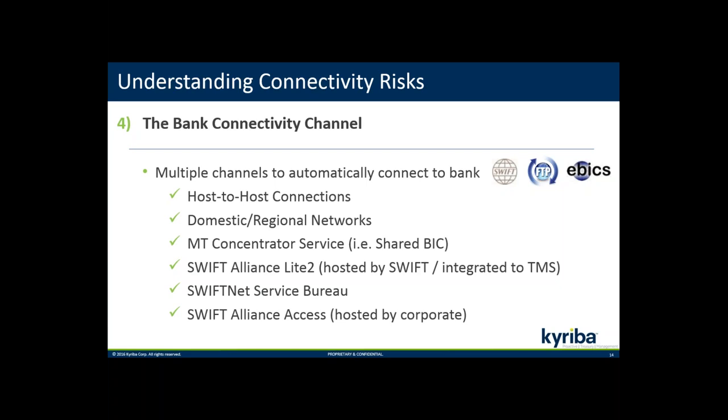They can do excellent things with that themselves, but certainly you're seeing a lot of movement, not so much with installed Swift software by corporates, but definitely a movement towards service bureau and hosting via Swift through Alliance Lite 2. But all of these different options are utilized for payments, and so we can't ignore any of them just because some may be more popular than others.